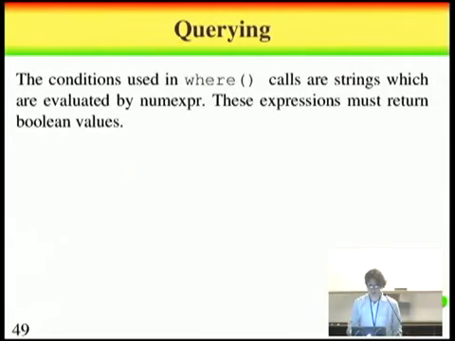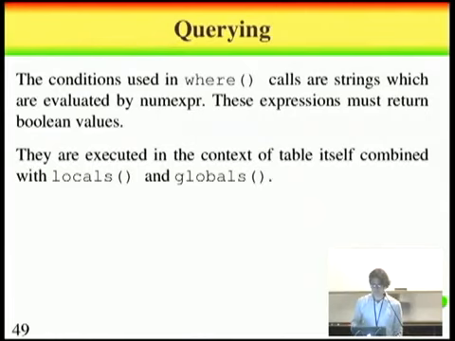Here they have to be Booleans. So this is similar to the masking concept in NumPy. Moreover, as with numexpr, these where conditions are evaluated in the context of the table itself, so the column names are valid names in that namespace, and in locals, and the union of locals and globals.